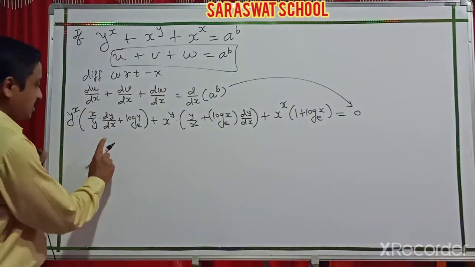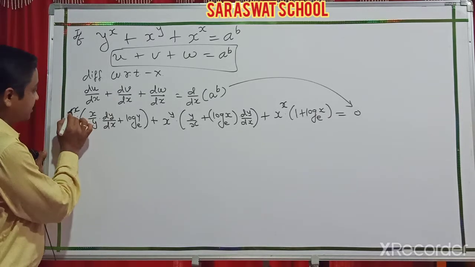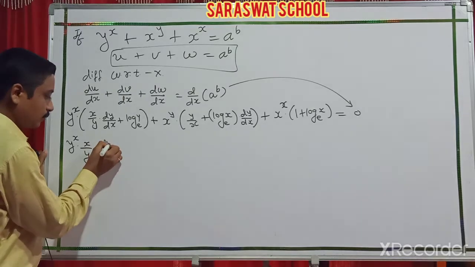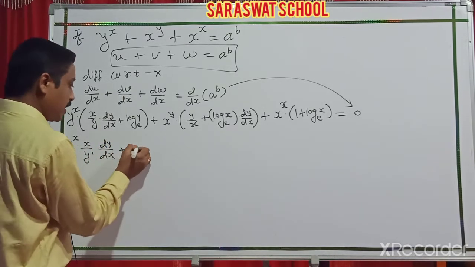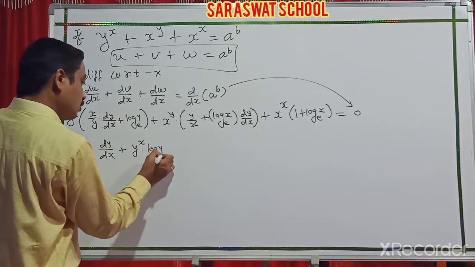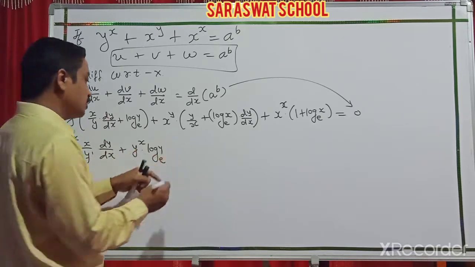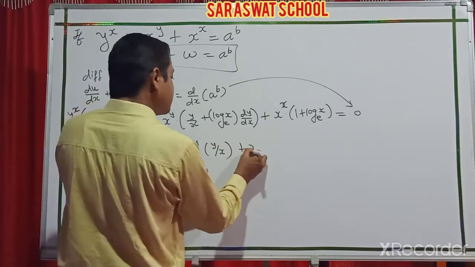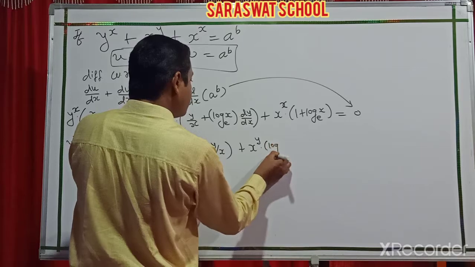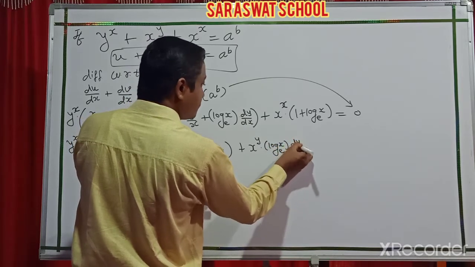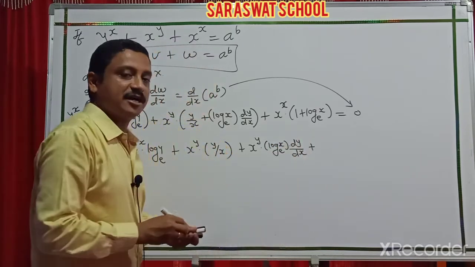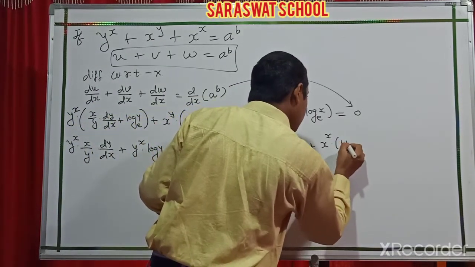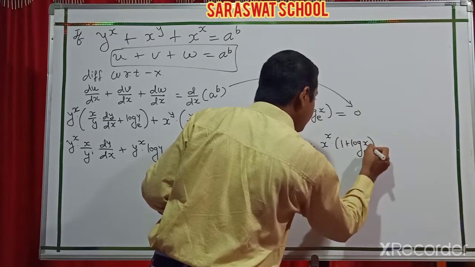So students, this dy by dx is my target, but these are productive. y raised to x, x by y raised to 1, plus y raised to x log y base e, because I multiply it. Here also the same multiply: x raised to y, y by x plus x raised to y log x base e dy by dx, and the last case is x raised to x into 1 plus log x base e.